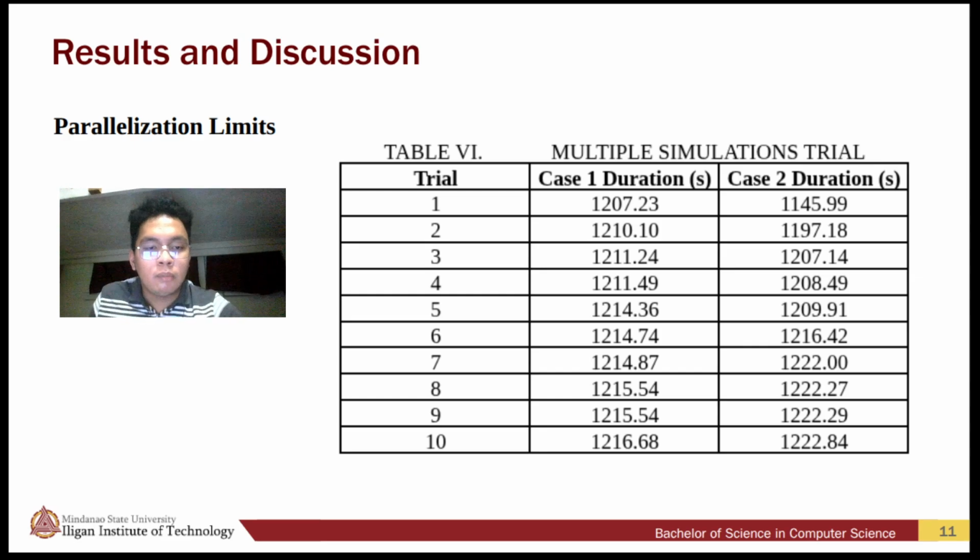Therefore, the limitation of parallelization is that it doesn't matter how many processes you spawn. Theoretically it can speed up more, but due to the physical limitation of the machine, it will hit a threshold where it cannot provide more speedup, compared to when you have a constant amount of processes running at the same time.